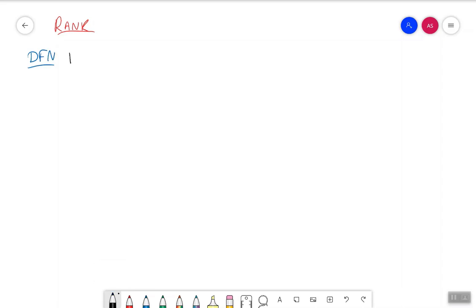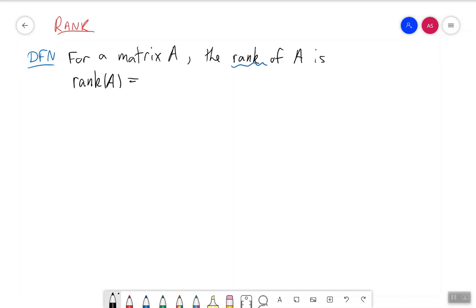For a matrix A, the rank of A is written like this and defined to be the number of non-zero rows in a row echelon form of A.